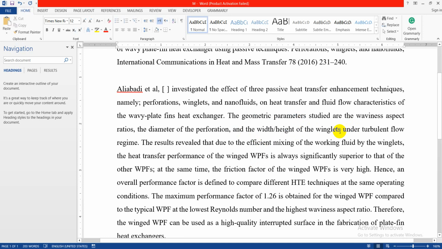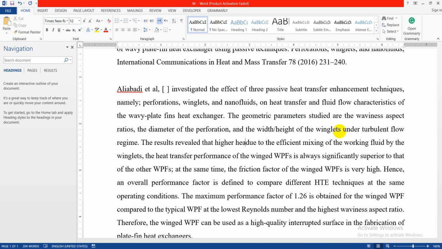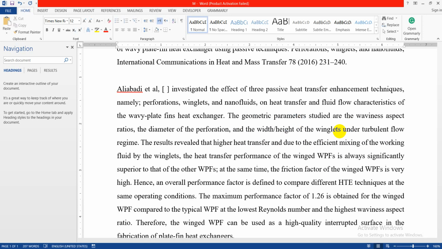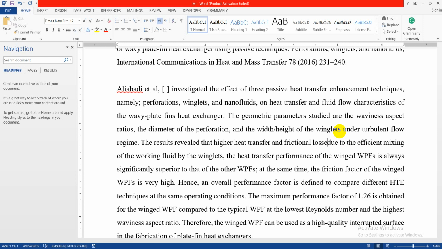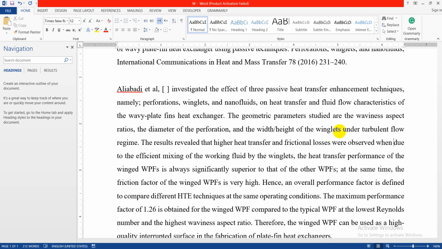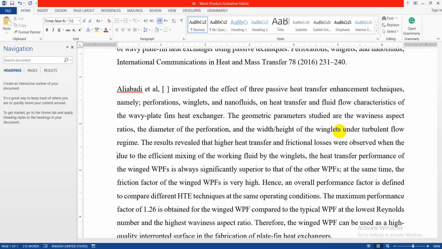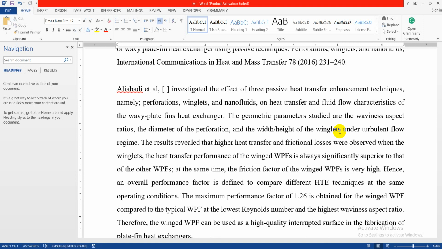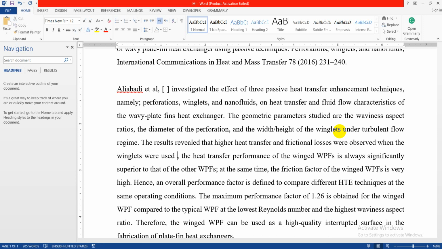What we can say here as the results: higher heat transfer and frictional losses were observed when the wavy plate fins used winglets.